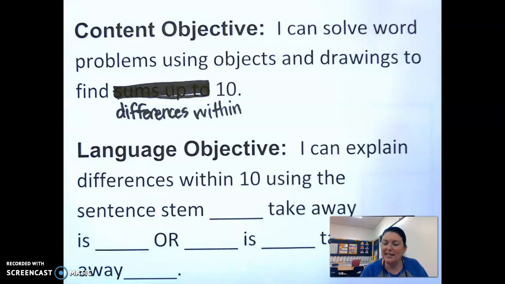Did we do that today? In our language objective, I can explain differences within 10 using the sentence stem, blank take away blank is blank, or blank is blank take away blank. And I think we did a great job of that today.